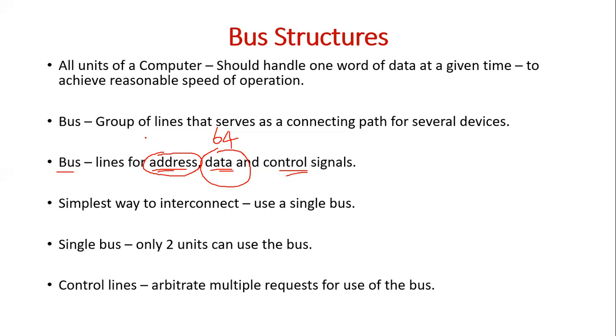If the address lines of the bus have only 20 lines, then it means that this bus can maximum address only 2 to the power 20 locations. It cannot support anything beyond that.